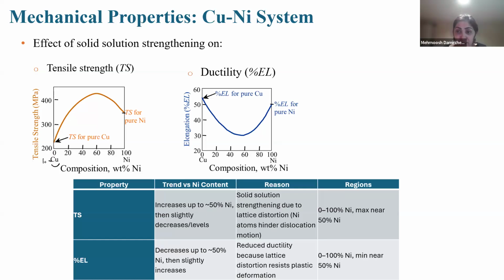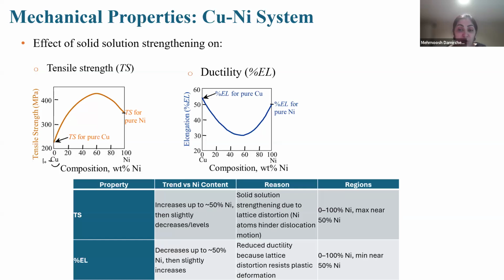Look here, it is 220, for example, tensile strength, but very ductile. How much ductility? About 55%. But as nickel is added, nickel atoms cause lattice distortion, making dislocation motion harder.